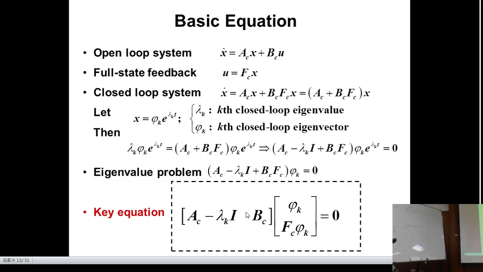So I put all the knowns together, and the unknown together on the right hand side. AC minus lambda k times I times psi k plus BC FC psi k, in parentheses, equal to 0. So these two equations are identical. You can follow me. Do you understand how I change from this one to here?